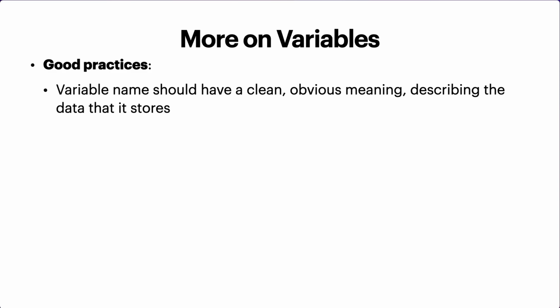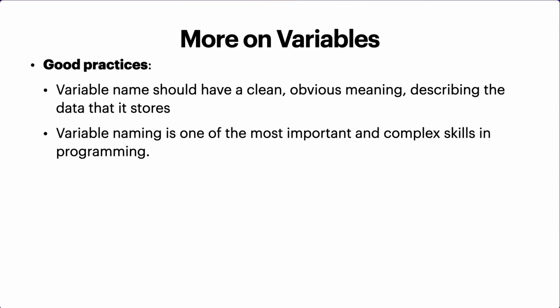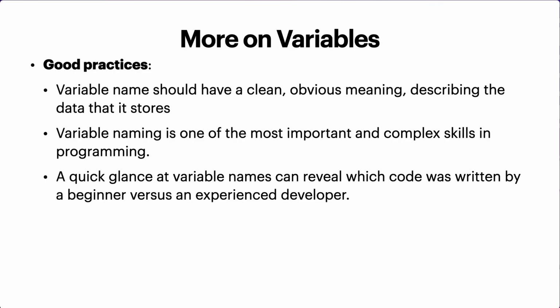Good practices on variables. A variable name should have a clean, obvious meaning describing the data that it stores. Variable naming is one of the most important and complex skills in programming. You'll be writing hundreds of variable names, and you'd have to decide how to name your variables.